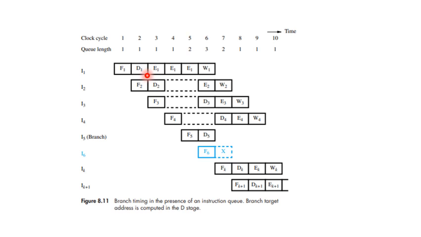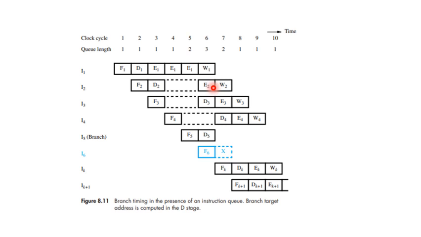Suppose that the instruction I1 introduces a 2 cycle stall as shown here. Since space is available in the queue, the fetch unit continues to fetch instructions and the queue length rises to 3 in clock cycle 6.